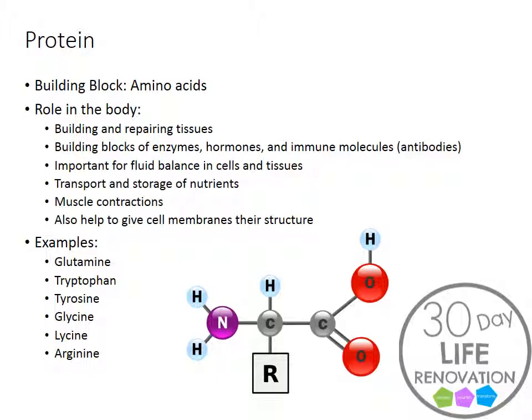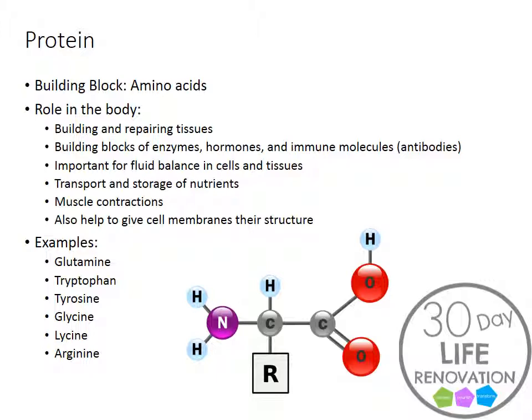Protein. Amino acids are the building blocks of protein, and they have a very huge role in the body. They help with building and repairing tissues. They help with composing enzymes, hormones, and immune molecules such as antibodies. They help to balance water throughout the body.